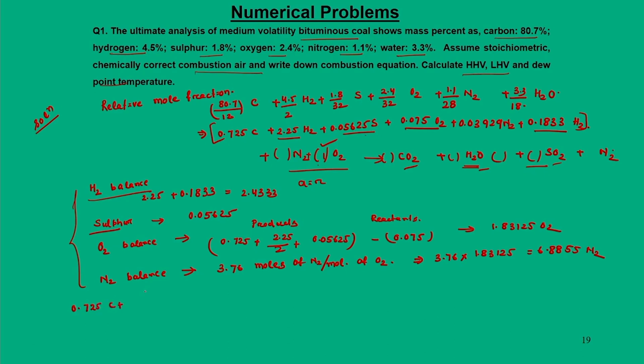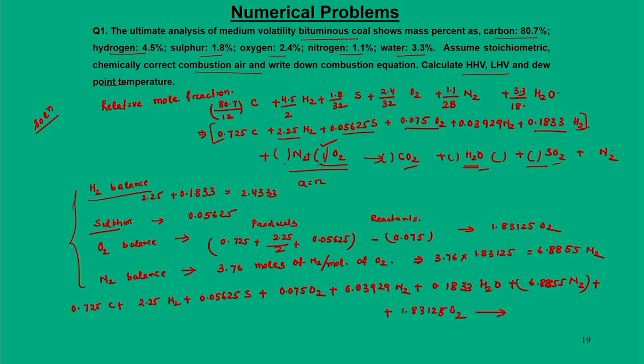Doing this N2 balance, we can write the complete equation as 0.725 C plus 2.25 H2 plus 0.05625 S plus 0.075 O2 plus 0.03929 N2 plus 0.1833 H2O, plus these two components, 6.8855 N2 plus 1.83125 O2.